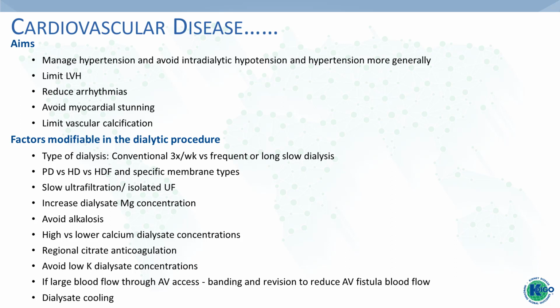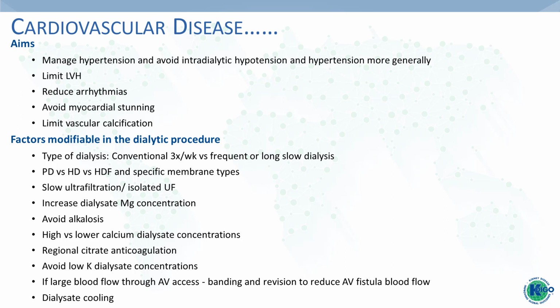So there are factors that we do modify in the dialytic procedure that are able to impact positively on cardiovascular disease. So we need to be thinking about, is the conventional 3 times per week optimal for people with cardiovascular disease, or should they have more frequent, shorter or longer slow dialysis?